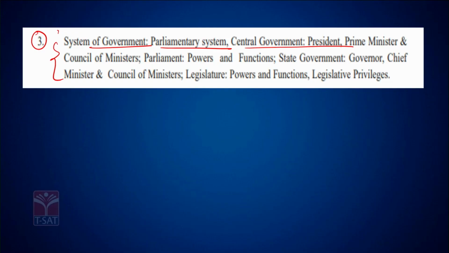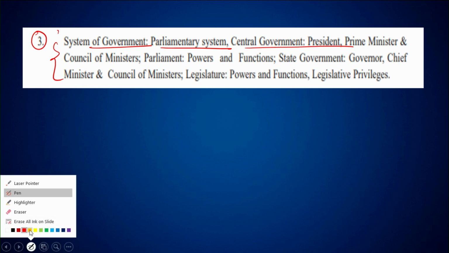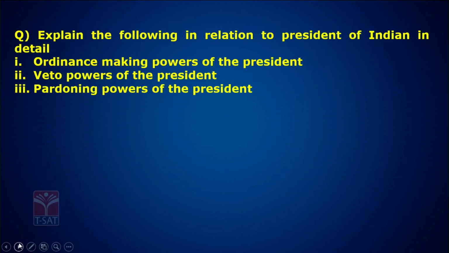So, let us discuss some important mains related questions with regards to this topic. Look at the first question, friends. Explain the following in relation to the President of India in detail.